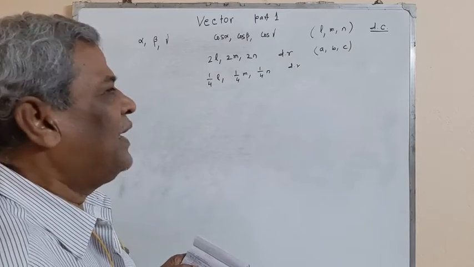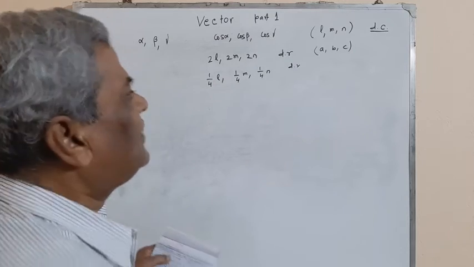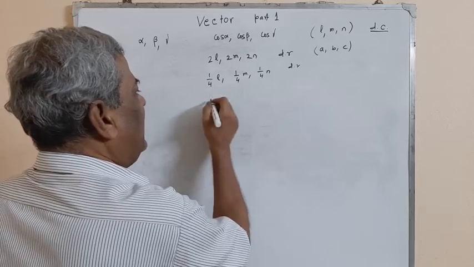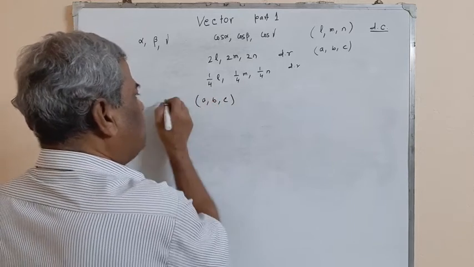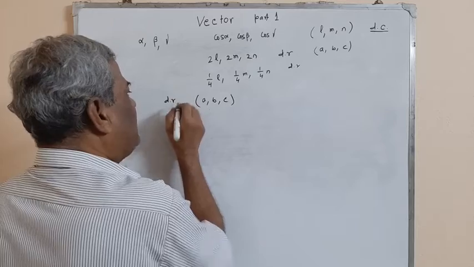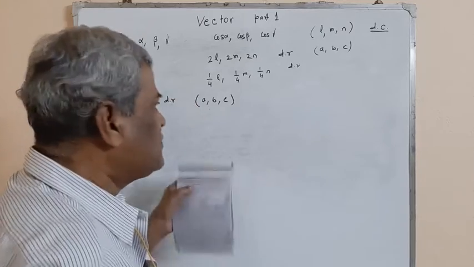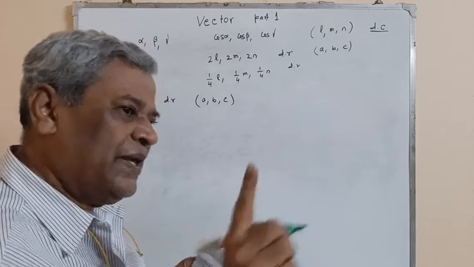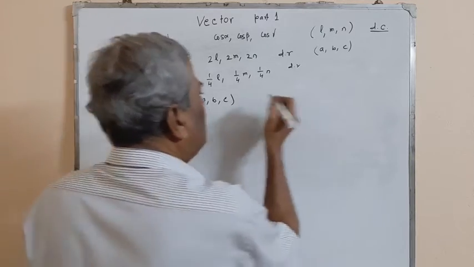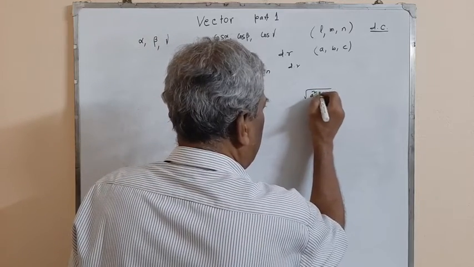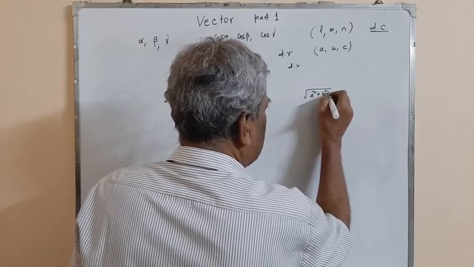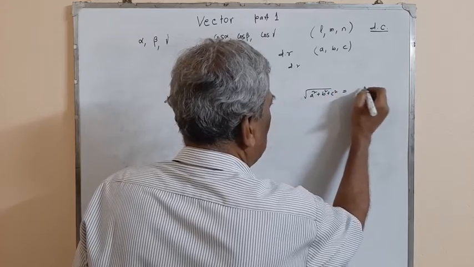For a given vector, if A, B, C is the direction ratio, from it we can calculate its direction cosine, which is unique. Suppose root over a square plus b square plus c square is equal to k.